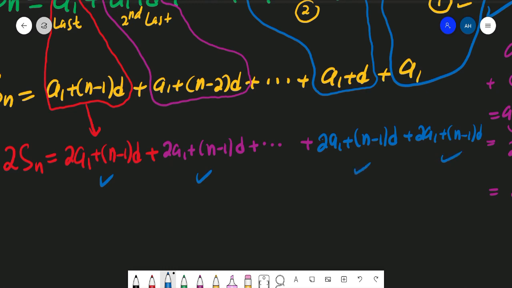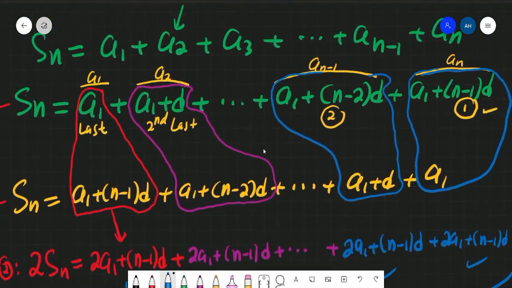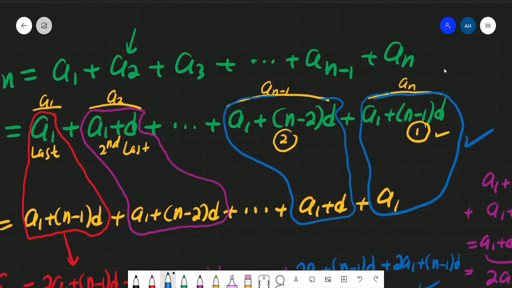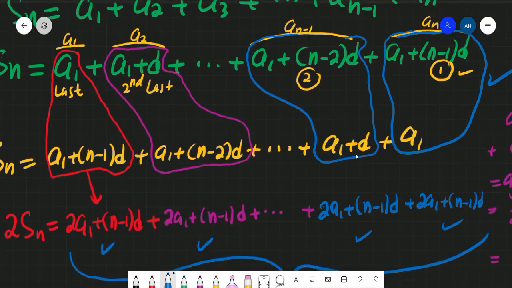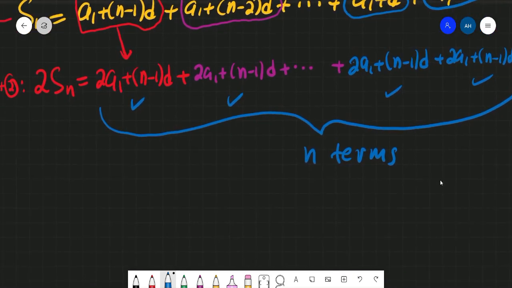And all of these together have n terms, because originally we are adding n terms, so the number of terms here also is n.